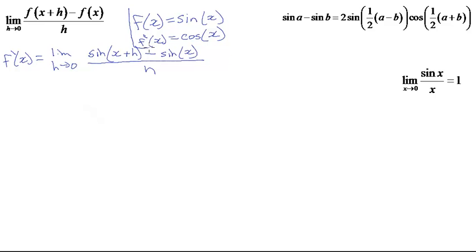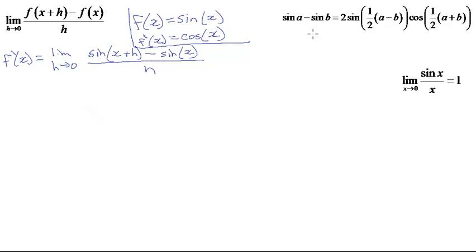Let's just separate that there a little so we can see what we're dealing with. So this is what we want to show. This is the first step here. So we've replaced x in our function with x plus h, and here we just left sine x. Now, on the right here we see we have a trig identity for the subtraction of two sine values. So the sine of a minus the sine of b gives us this expression over here.